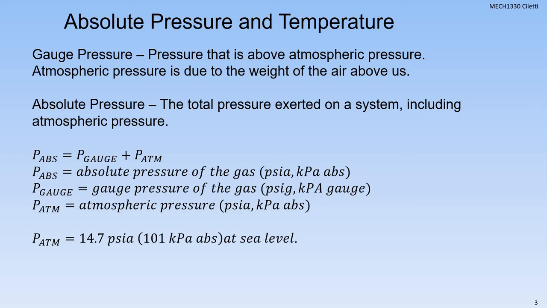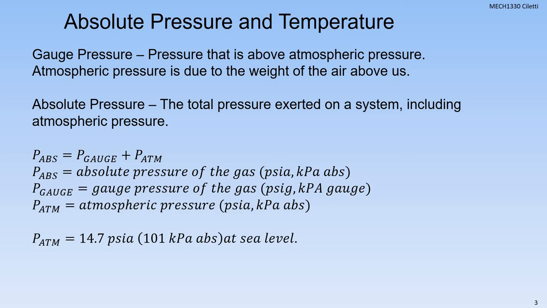Now, absolute pressure, in imperial units, is psia, pounds per square inch absolute, or kPa absolute. Our gauge pressure is psi, pounds per square inch. That hasn't changed. We just throw a G at the end, and it's the gauge. So psig, and then kPa gauge. And then atmospheric pressure, we're going to use psia or kPa absolute. Okay? So if we're talking atmospheric pressure, I think I said absolute, it should be atmospheric.